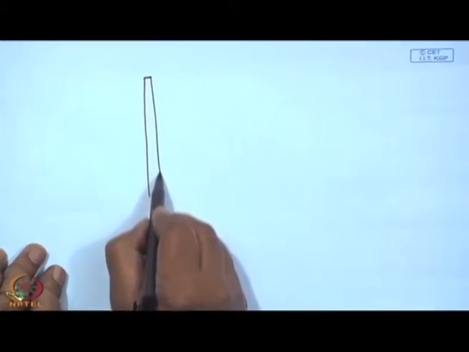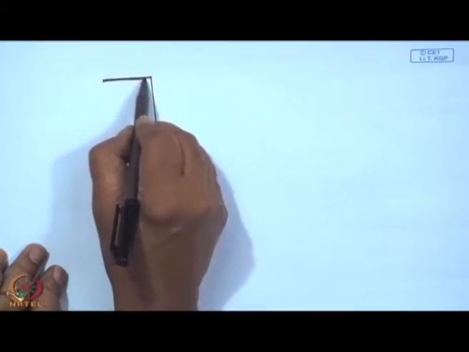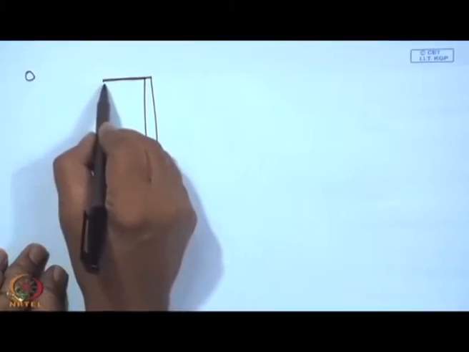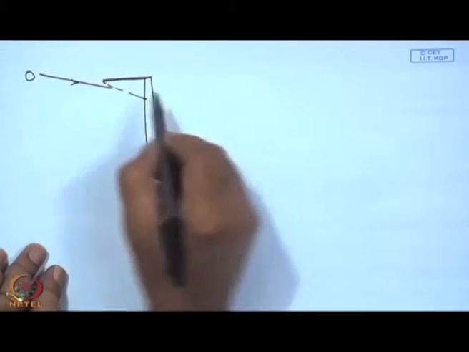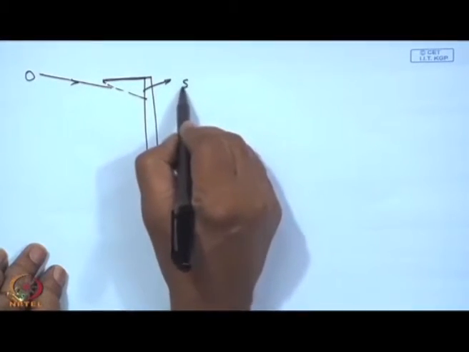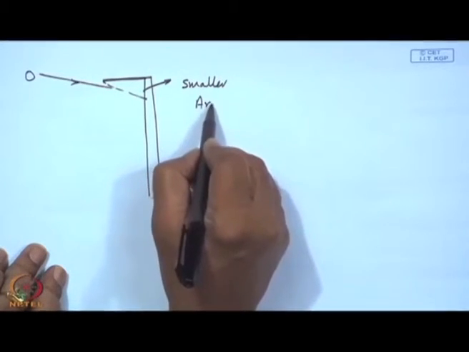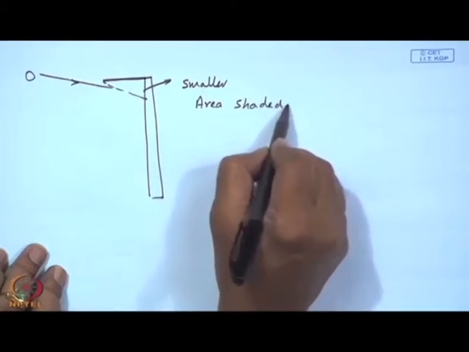And if you see the same thing in winter, sun may be somewhere over here and it will cast a small shaded or shadowed area.